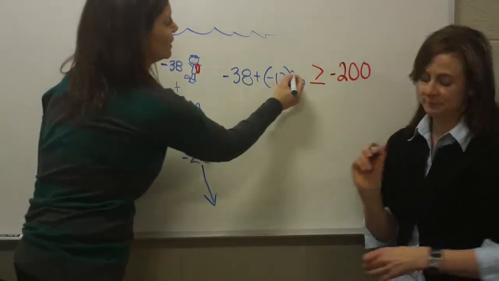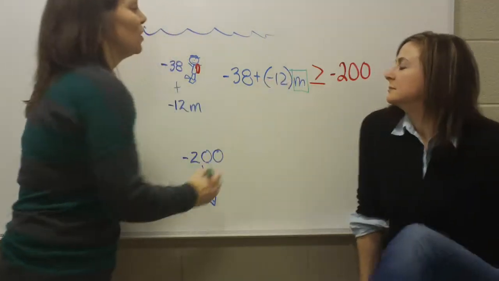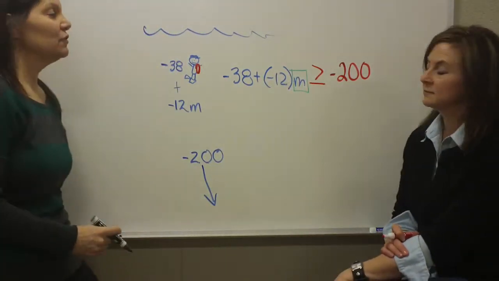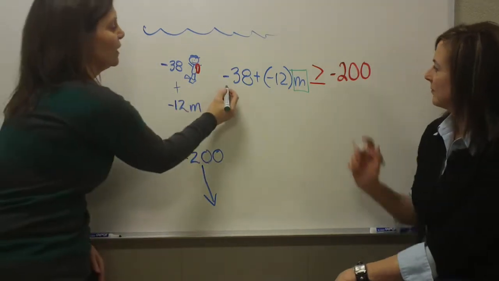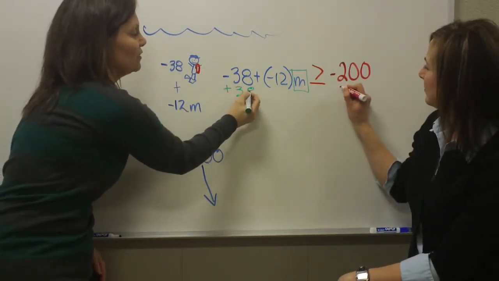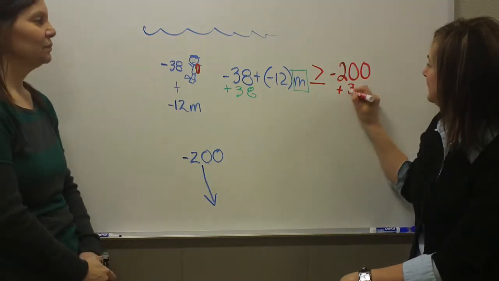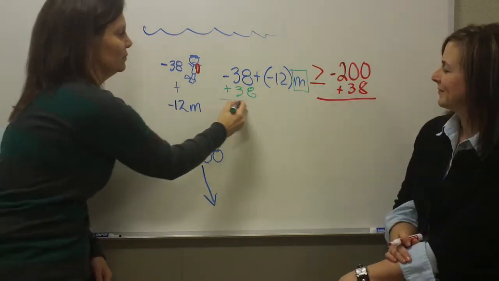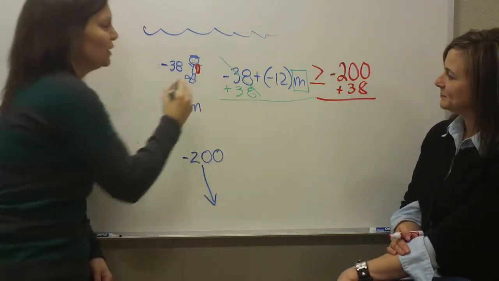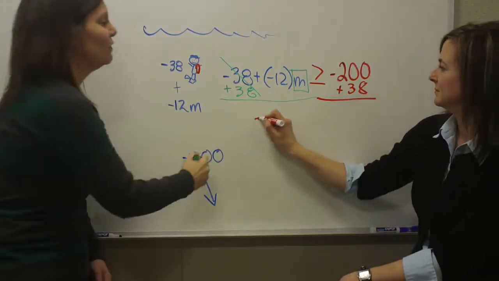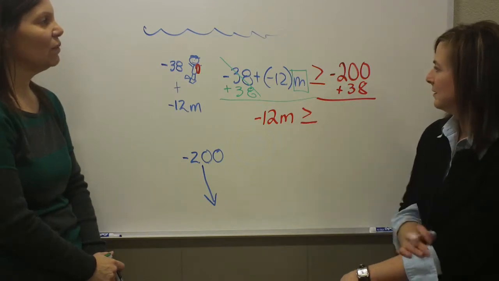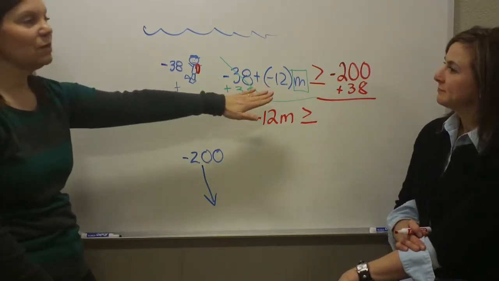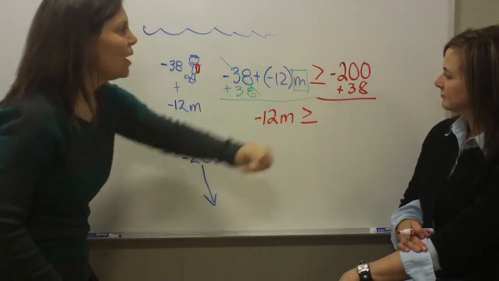At this point, we're ready to solve our inequality. So I am multiplying by negative 12. I am adding negative 38. I'm going to start with my addition. Adding the opposite is positive 38. I'll bring it over here. Our opposites are eliminated. I am left with negative 12 times m is greater than or equal. Now I have to find the difference between these two. I have one negative, one positive.